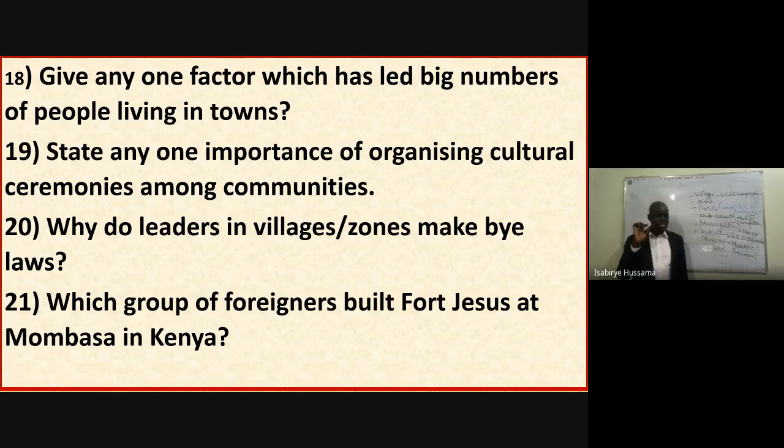So social, the smallest way they organize socially is in families. The smallest social setup of people in the community is a family. Then from a family, you advance to a lineage. From a lineage, you advance to a clan. From a clan, you advance to a tribe. Then from a tribe, you advance to an ethnic group. So the smallest is a family.